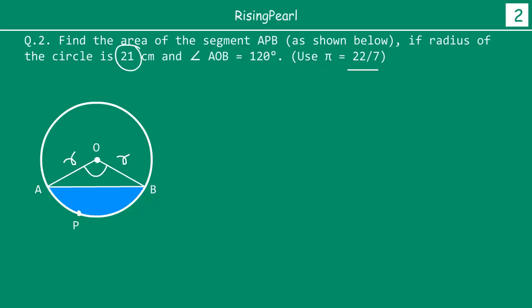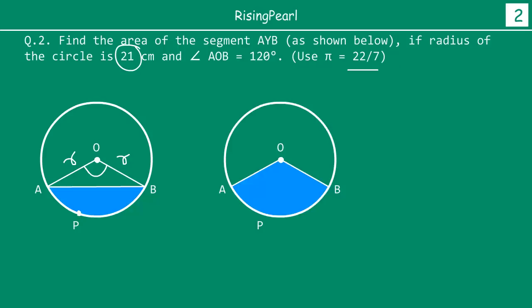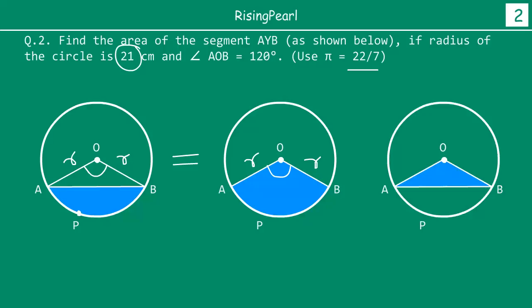Now, like we saw in the last webisode, area of a segment can be thought about as area of the entire sector. Here I have removed this straight line, so we get the area of the entire sector. Then if we subtract the area of this triangle, that will give us this part.